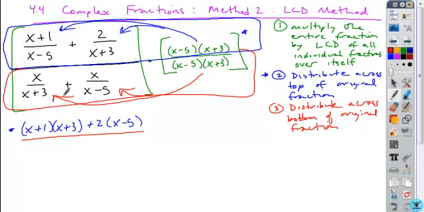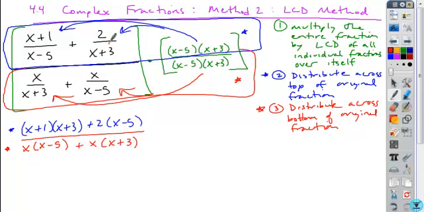So in my denominator now, I'm left with x. The x plus 3's cancel, so I am simply multiplying by x minus 5, plus the next fraction's numerator x. Here my x minus 5's cancel when I distribute, so all I'm left with is the x plus 3.